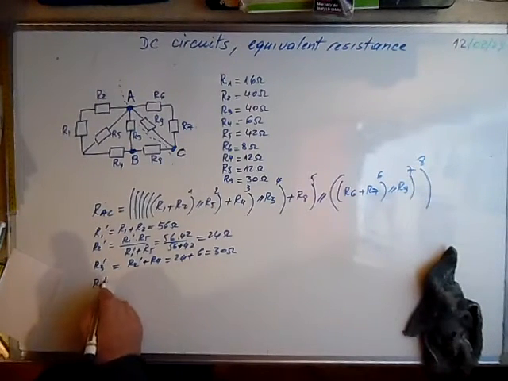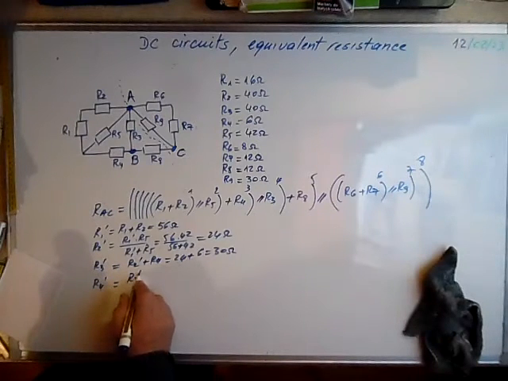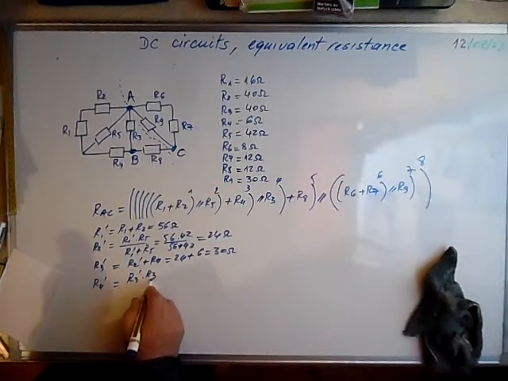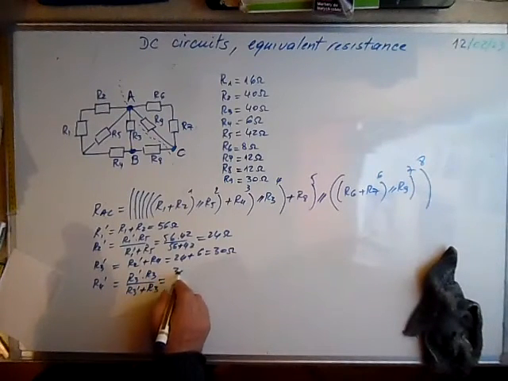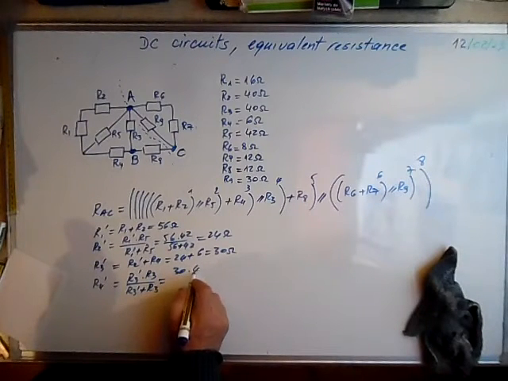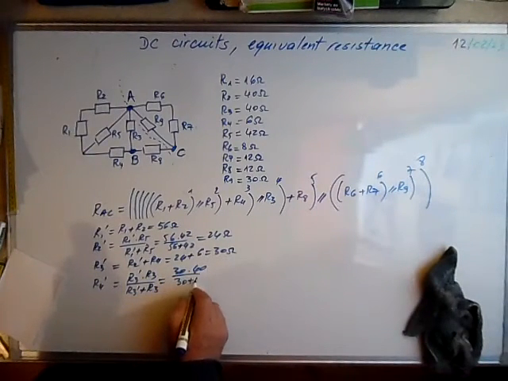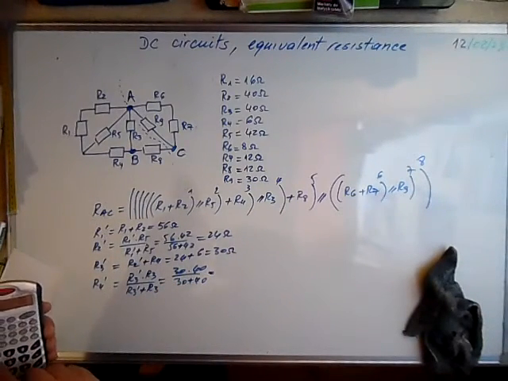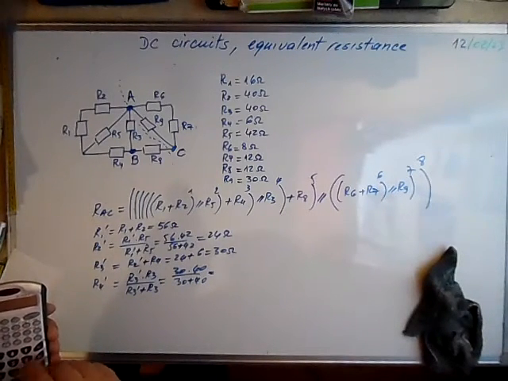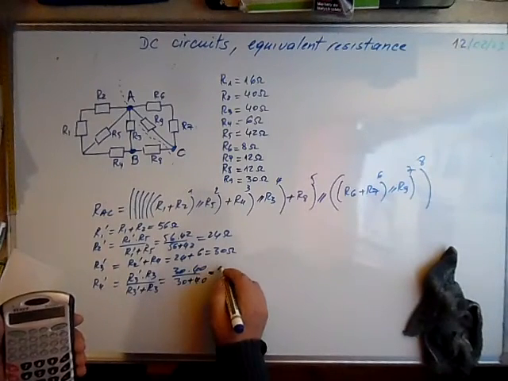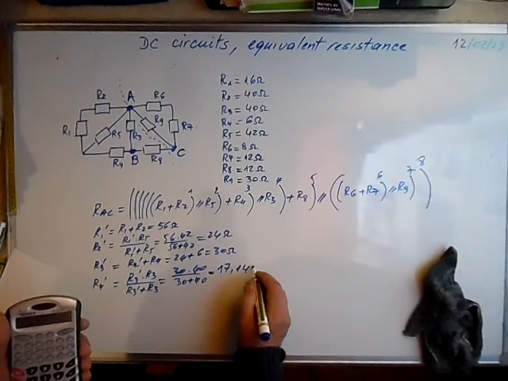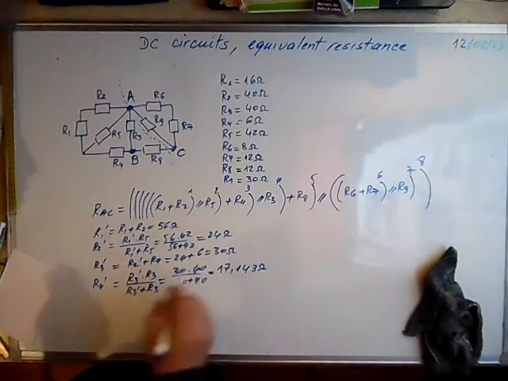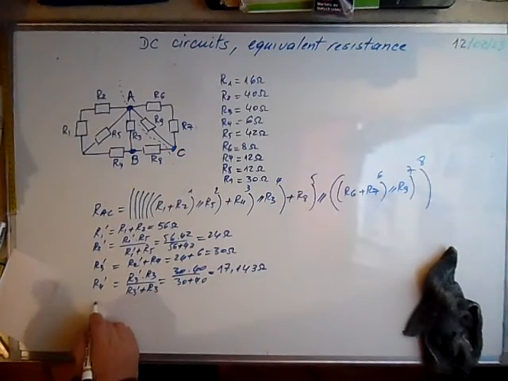Now we can calculate R4 prime. This is R3 prime in parallel with R3. And this is 30 times R3, which is 40, over 30 plus 40. This will give us 1 over 30 plus 40 times 30 times 40, which is 17.143 ohms. We calculated R4 prime.